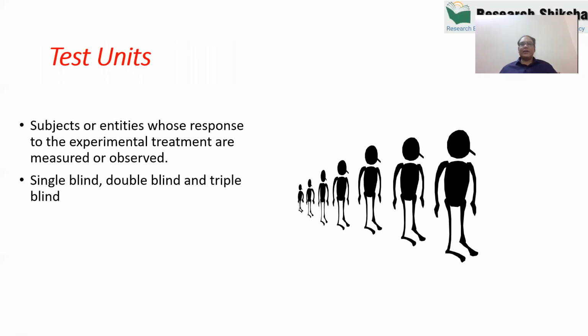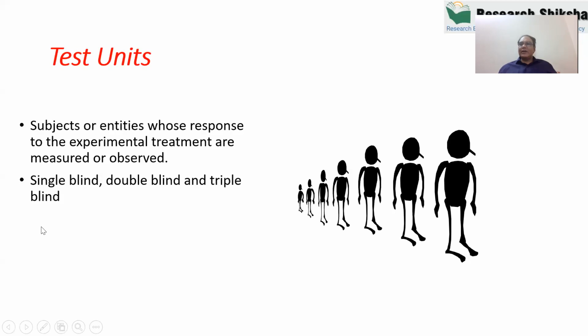We call them test units, and we should make efforts that all the test units should be equal initially. Means at the initial level, there should not be any difference between the control group and the experimental group. Otherwise, you will get biased results. Initially, all the test units should be the same, right? Otherwise, you will have the problem.